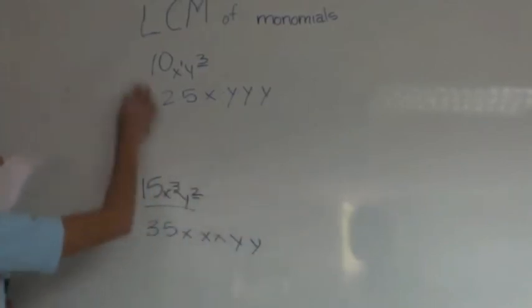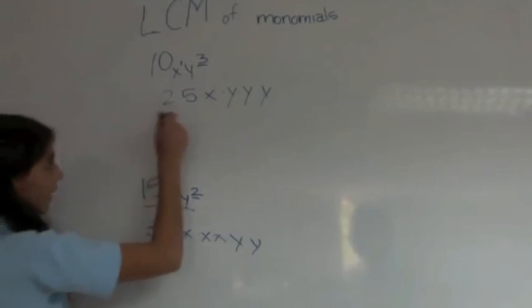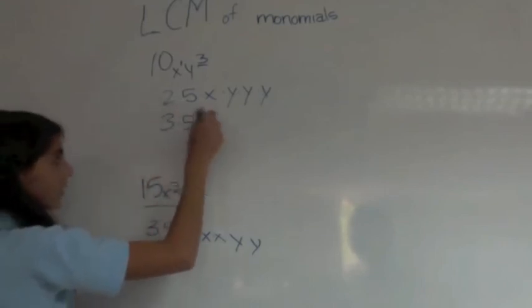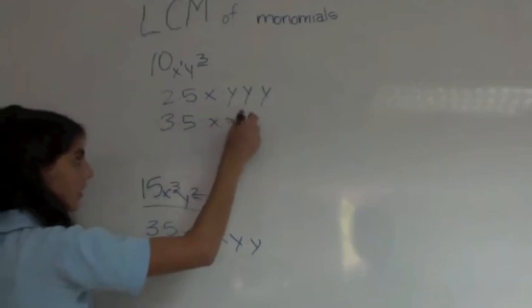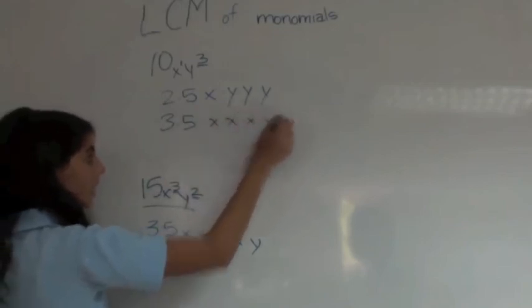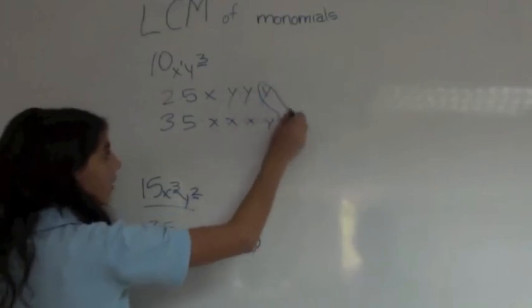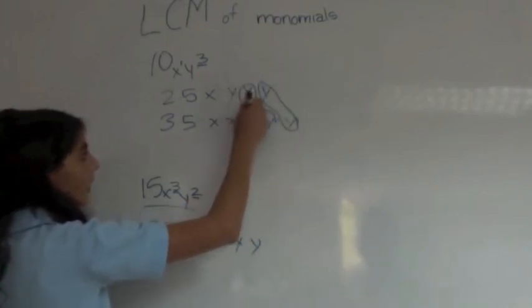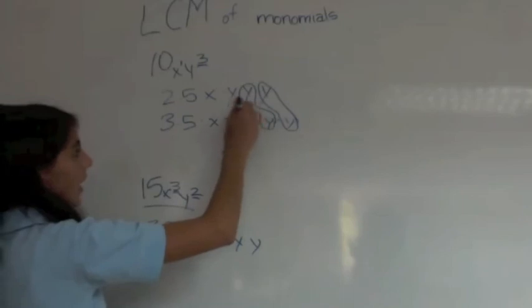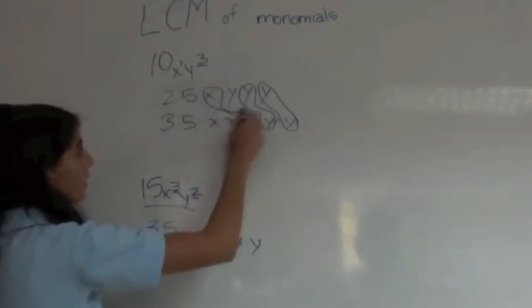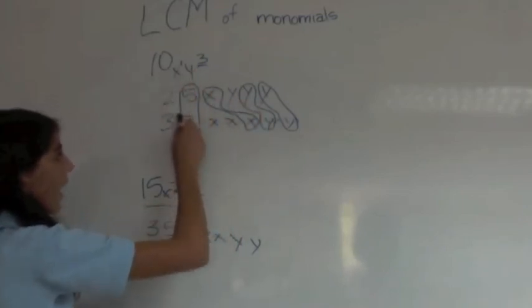Okay, so now let's circle what these two have in common. I'll just write it up here to make it easier. Times x times x times x times y times y. So they each have a y. They each have another y, they each have an x, and they each have a 5.